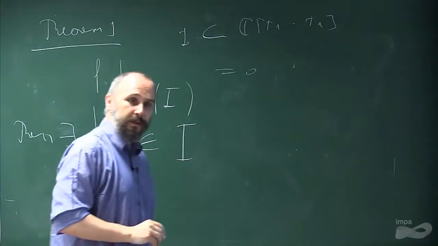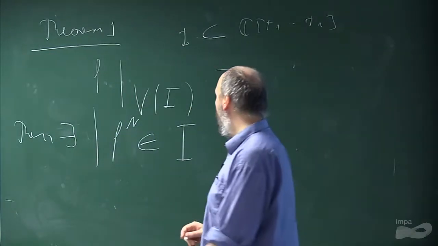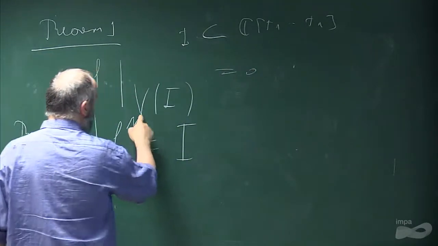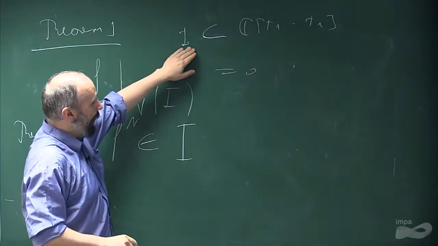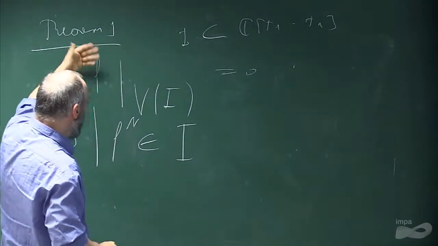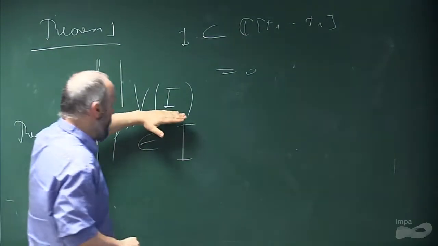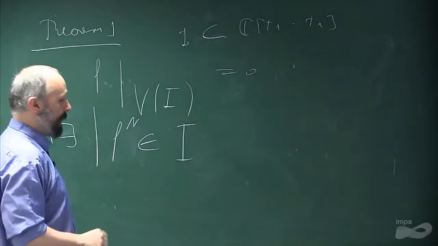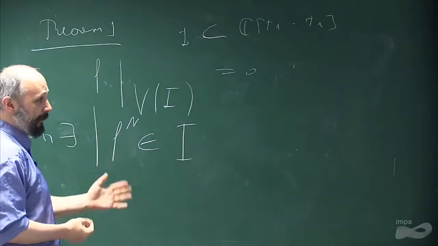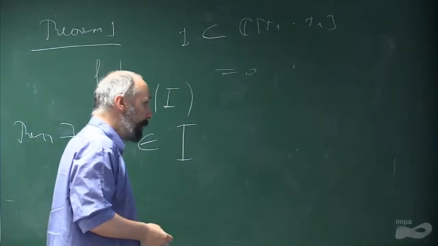You see, this is almost the Nullstellensatz, because the Nullstellensatz tells us that, but it wants the quotient by this ideal to be nilpotent, and it tells us that if you have something which vanishes on the zero set, it belongs to this ideal. Well, we're almost there, so it's even a stronger result, in fact.